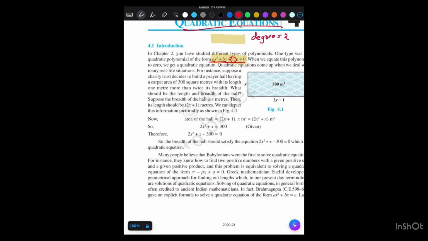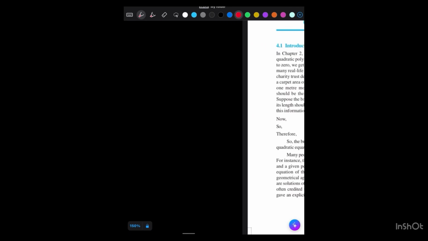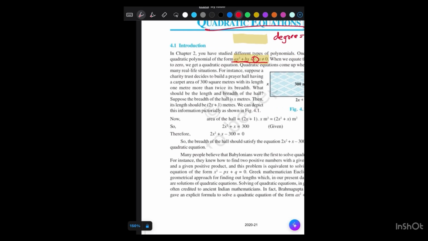You would be feeling very confused, right? In the example we have seen, 4x squared plus 3x plus 5 is equal to 0, right? Here 4, 3, 5 are coefficients. But while explaining the standard form we replace them with alphabets like a, b or c, just like how we express a formula like a plus b the whole square is equal to a squared plus b squared plus 2ab.